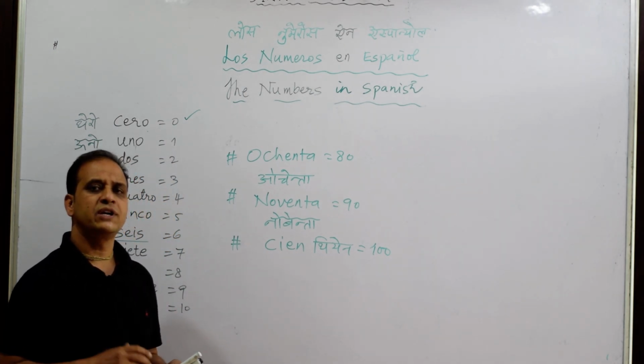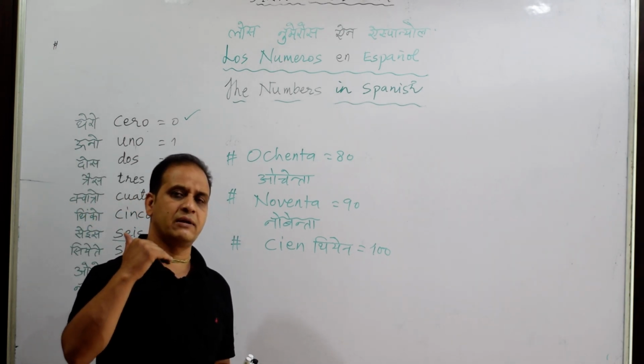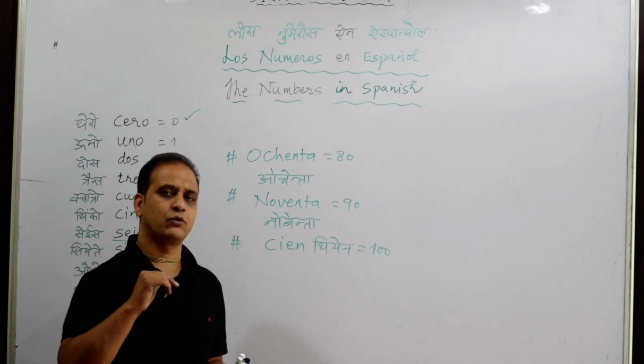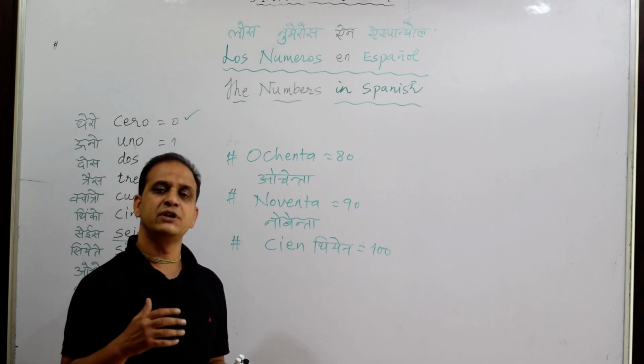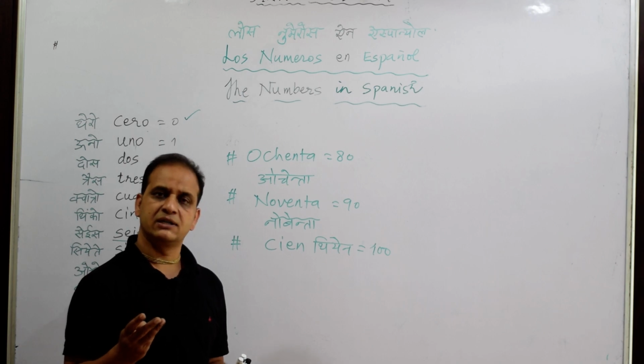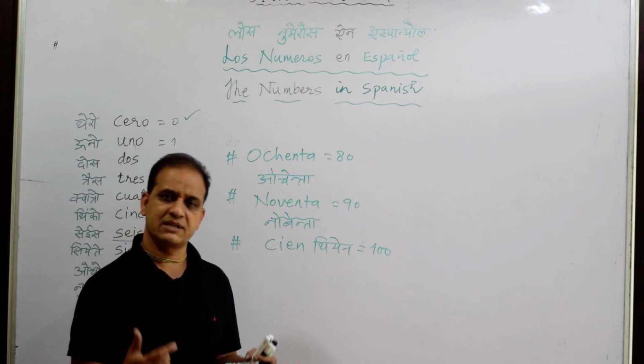So what you need to keep in your mind, only one thing: right from 0 till 15 you have to mug them up. After 15, there is a concept, and then you need to learn 20, 30, 40, 50, 60, 70, 80 and 90, and the rest of the procedure will remain the same.